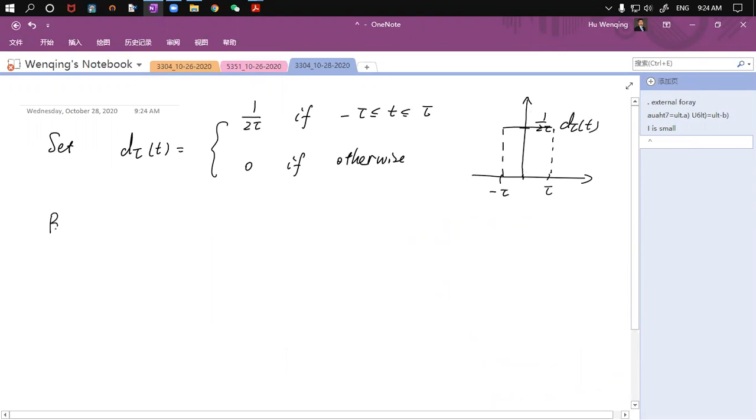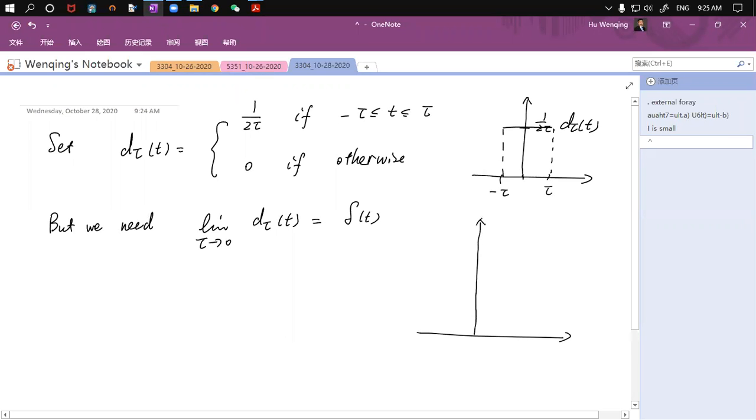But what we need is the limit as tau goes to 0 of d tau of t. We're going to denote this function as delta of t. The limit just describes the previous dynamical process that I was describing before.